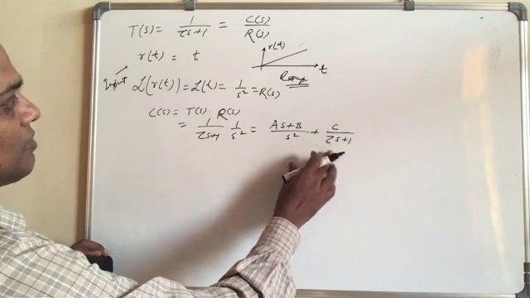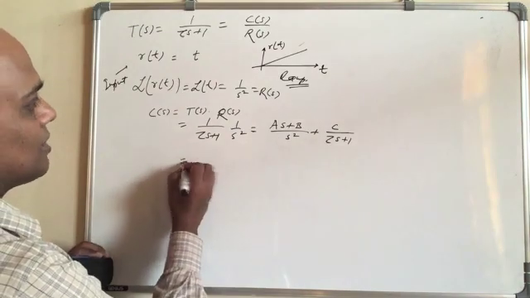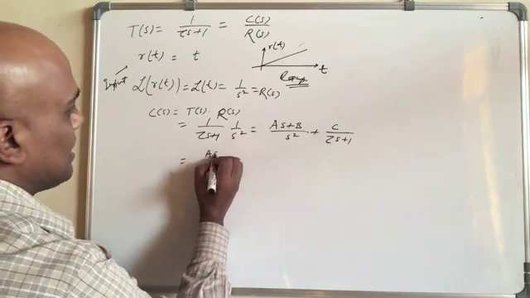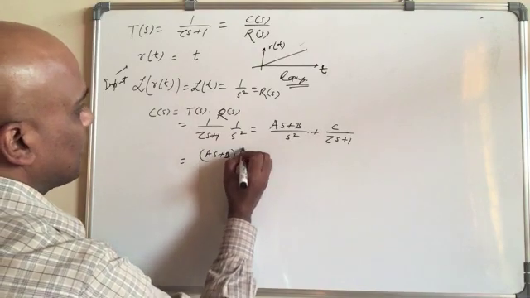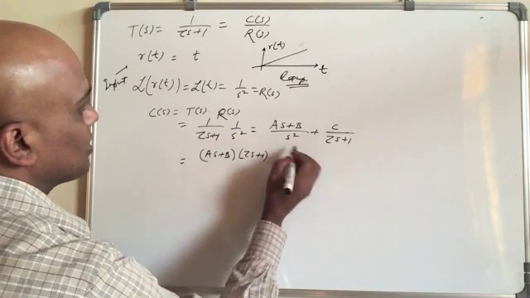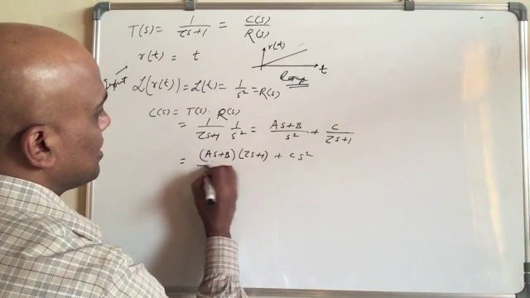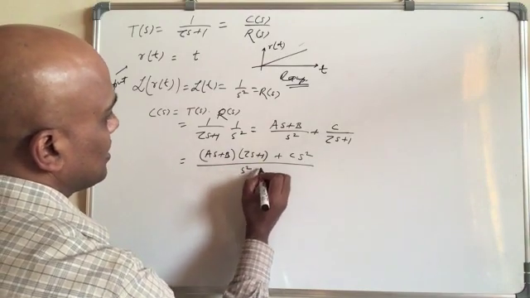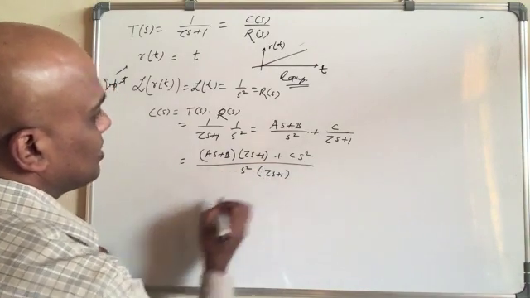What do we get? As plus B times tau s plus 1, plus Cs square, divided by s square times tau s plus 1.